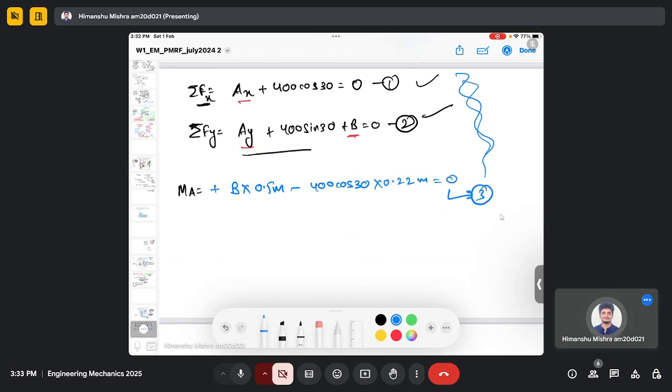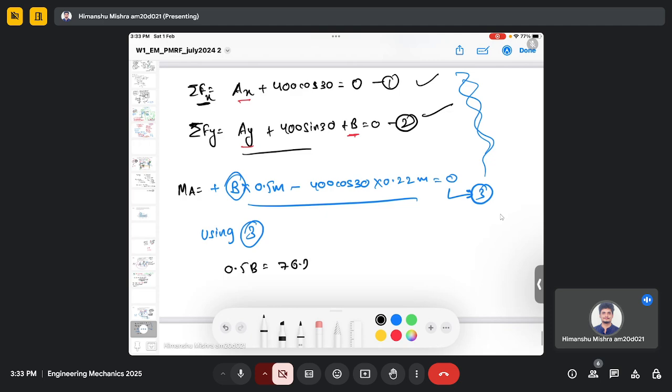So now it is all about algebraic calculations. We have three equations and we have three unknowns. From the third equation we can calculate the value of B. So it is 76.2.